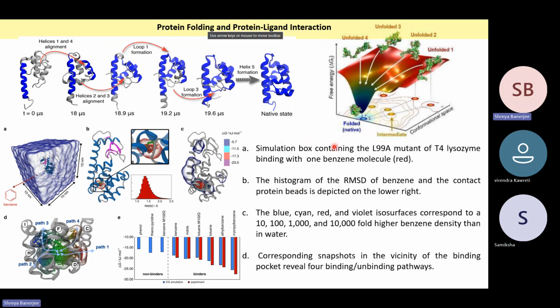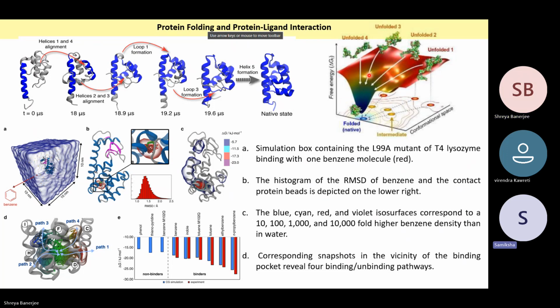So calculation of the energy is important, because only then will it be understood that the lowest energy state is the native state. As you go from left to right, the energy will slowly decrease as you go from the unfolded to the folded state. That is why the calculation of the energy is important, to find out by what pathway it is folding.